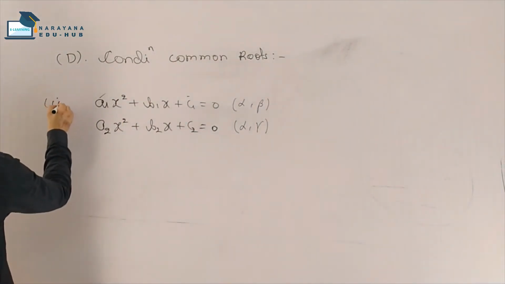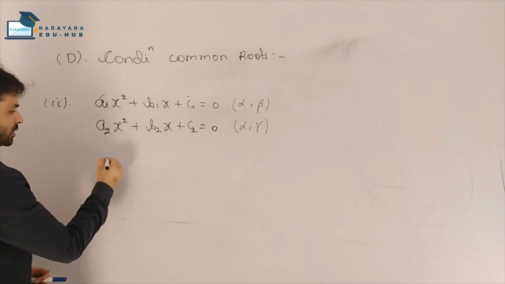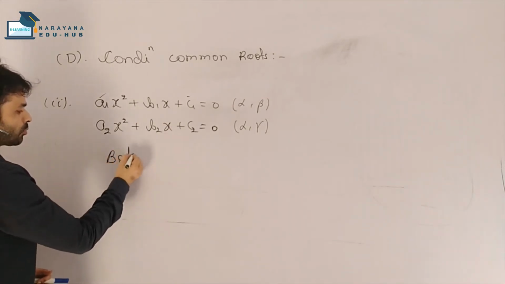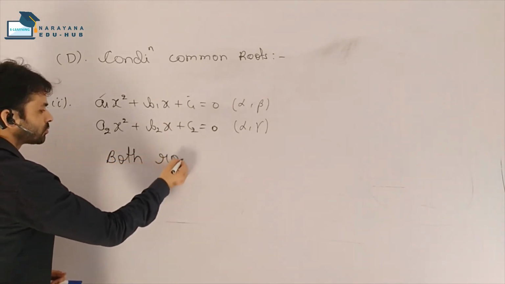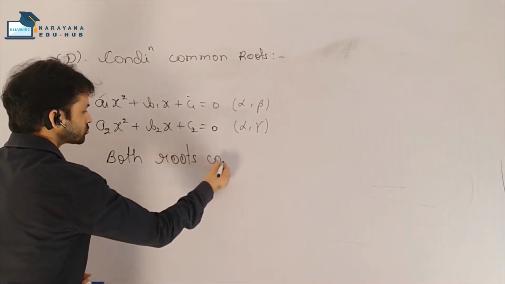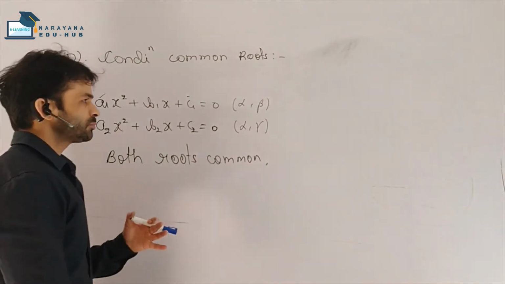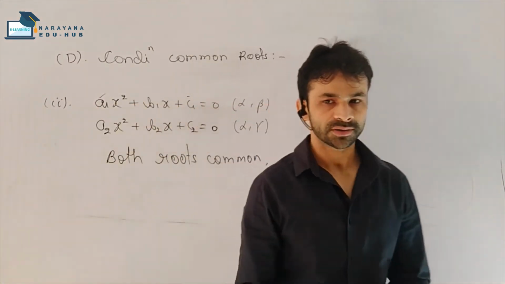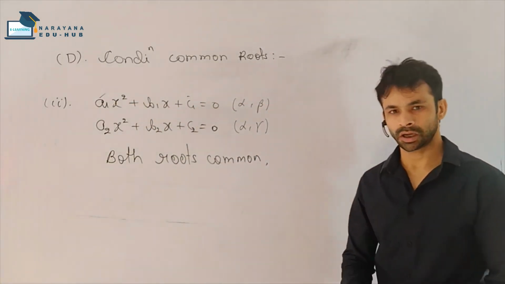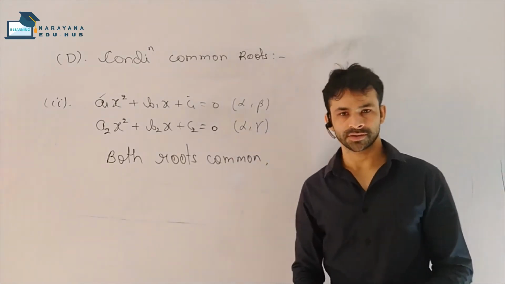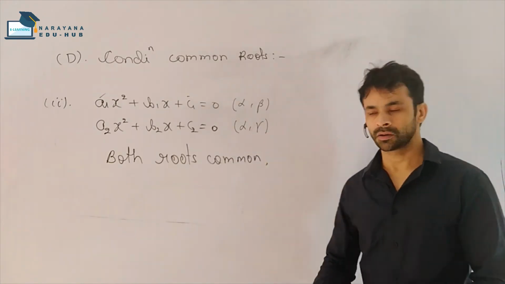So come to the second point: when both the roots are common. What is actually happening when both roots are common? I will explain with one very simple example.